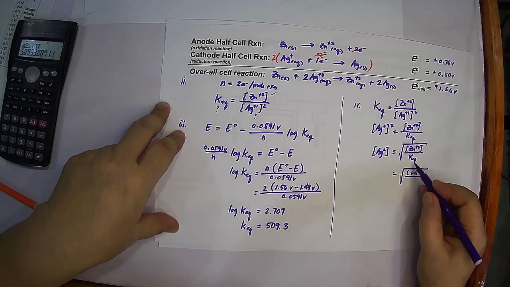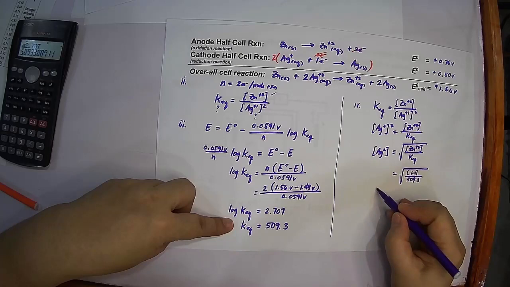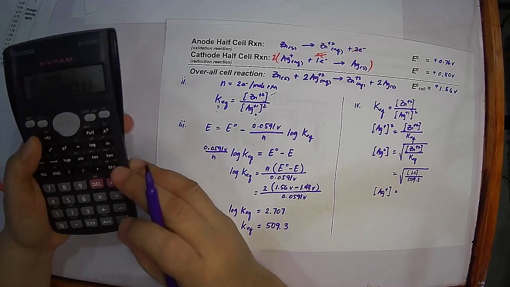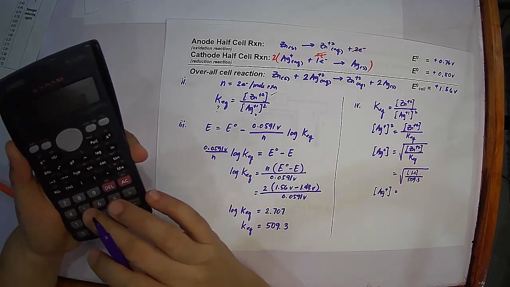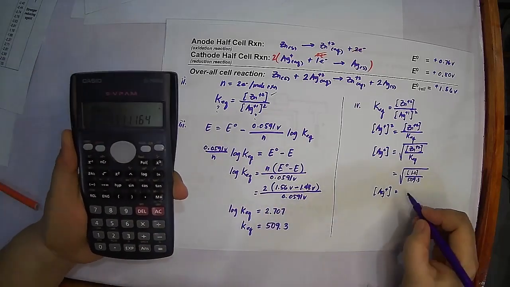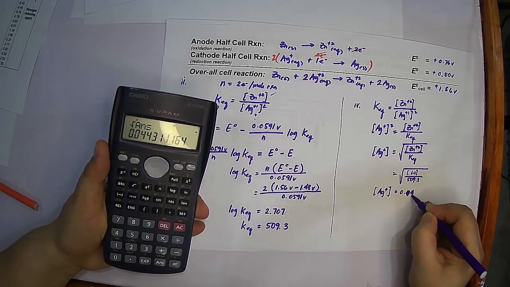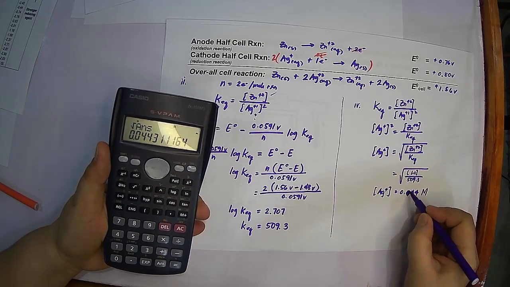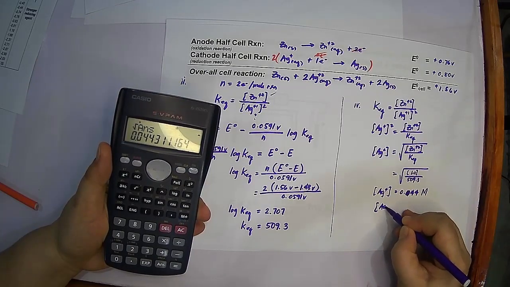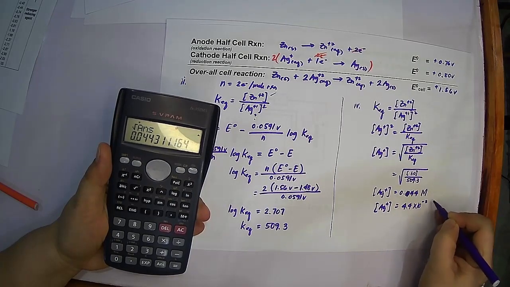And the Keq is 509.3. So we have the silver ion concentration of 0.044 molar, or 4.4 times 10 to the negative 2 molar.